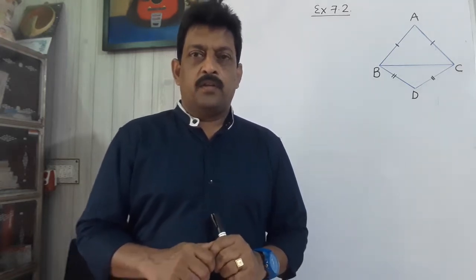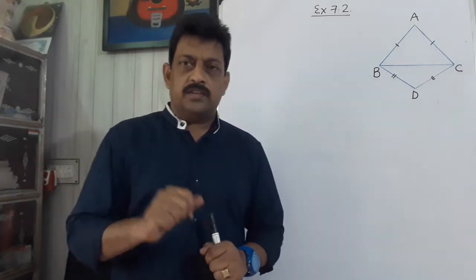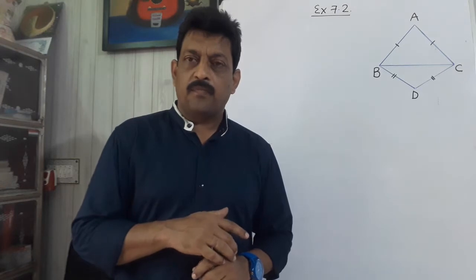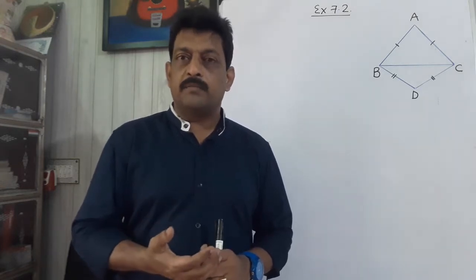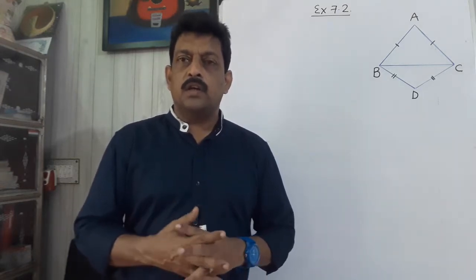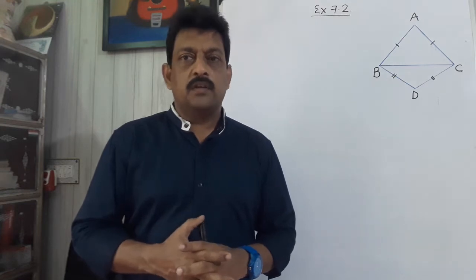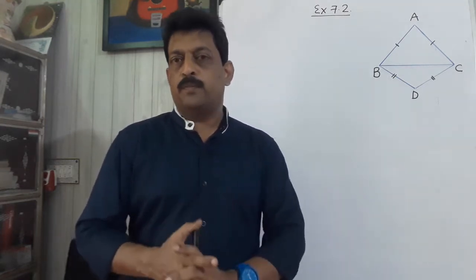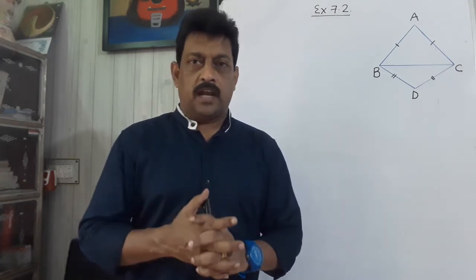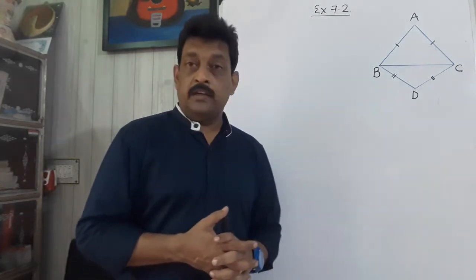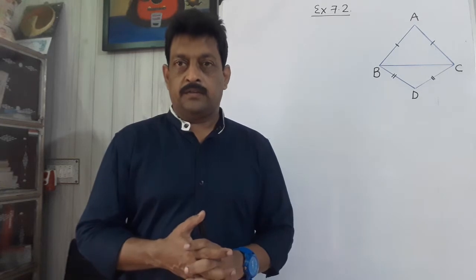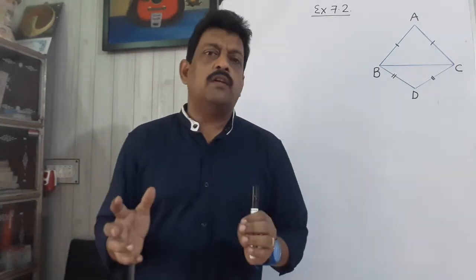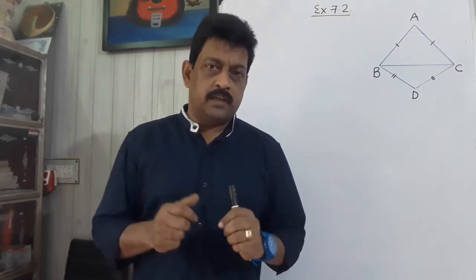Okay. So, the triangle is the chapter we started in the previous class from class 9 mathematics. We have used the property of congruent triangles and also the property of isosceles triangle. We have learned the theorem that in a triangle, if two sides are equal, then their opposite angles are also equal.